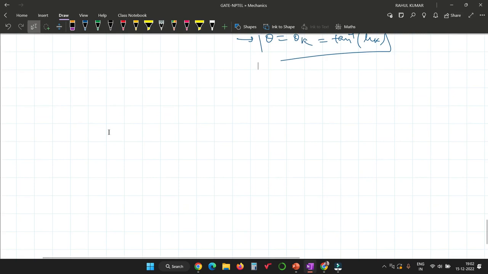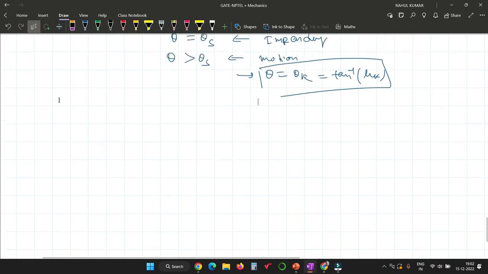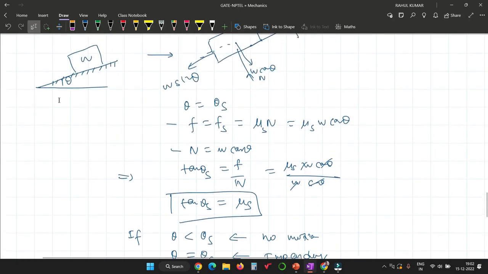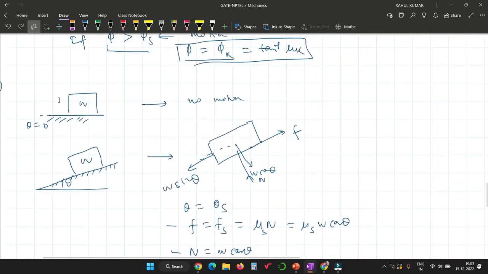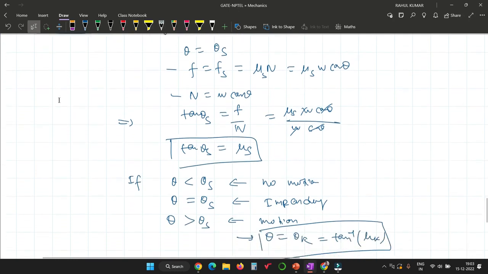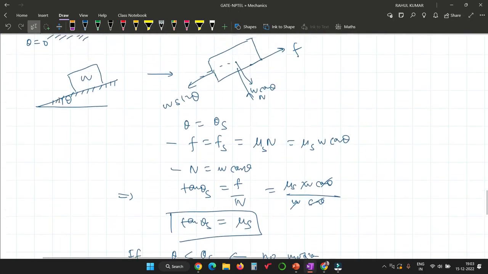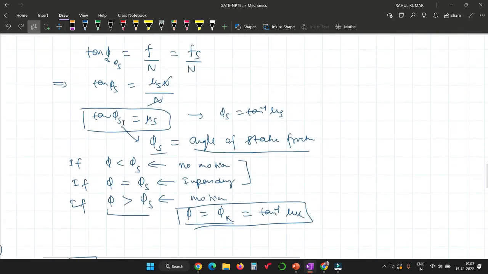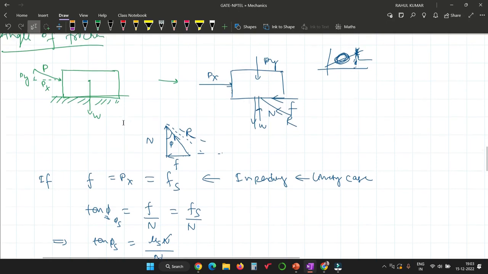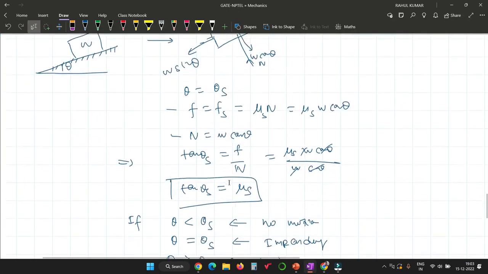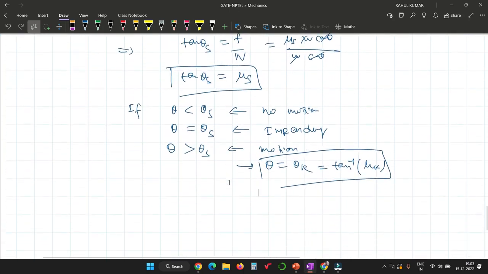Sir, does this theta and the previous angle phi both mean the same? No, here theta s is actually the inclination angle, and here theta is the angle between n and r. Here it is a phi, here it is a theta, so both are different.